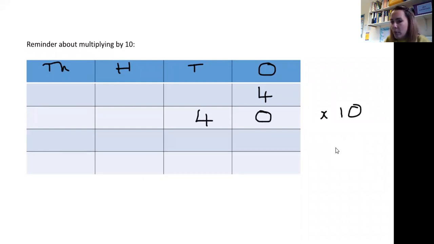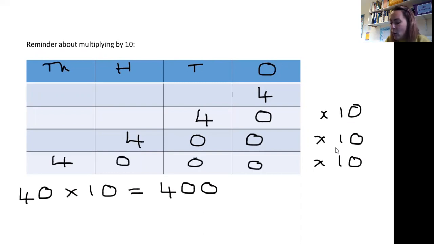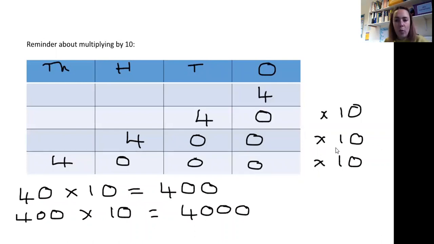If we want to multiply 40 by 10, again, it moves across one more. So 40 multiplied by 10 is 400. Then if we're working with 400 and we want to multiply that by 10, again, it moves across one place. It makes it 10 times bigger on our place value grid to get to 4,000.